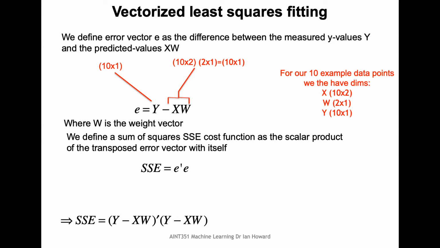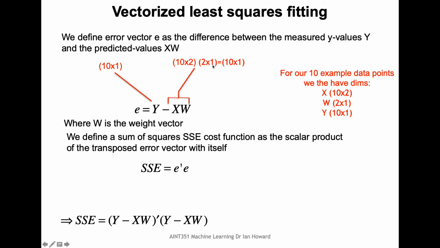And this is just indicating the dimensionalities we've got in the particular example we looked at before. In this example, the y would be a 10 by 1, the x would be a 10 by 2, because we've got m and we've got c. So for each sample we've got the data value and also the constant term of 1, and the w is going to be 2 by 1.